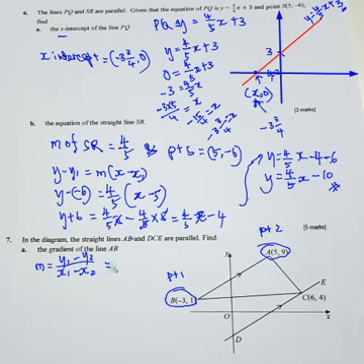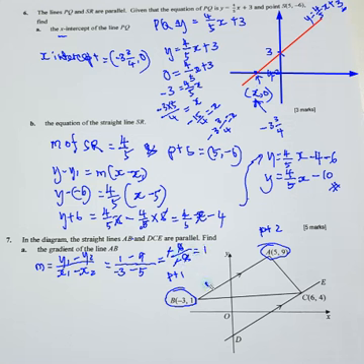So point 1, y1 is 1, and x1 is minus 3. Now point 2, y is 9, x is 5, so you get minus 8 over minus 8. Cancel the minus, simplify that, so it becomes 1.